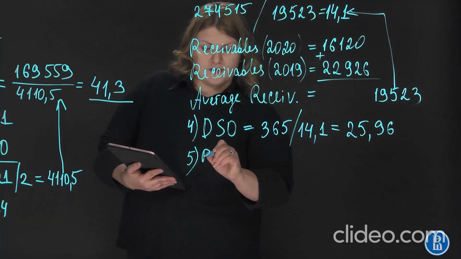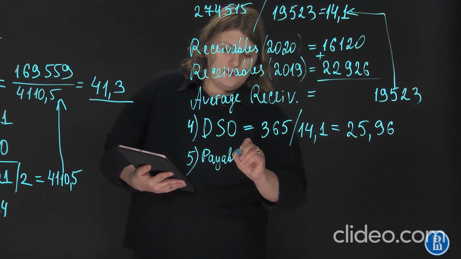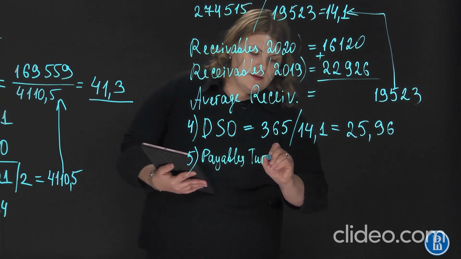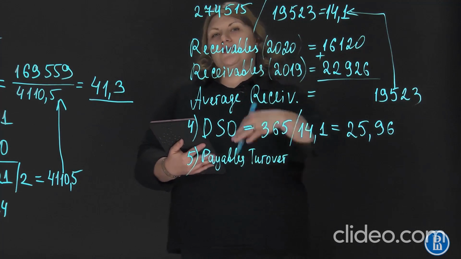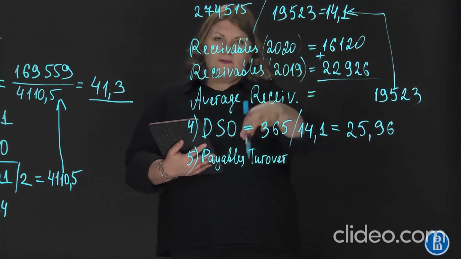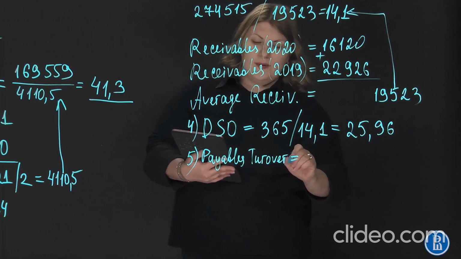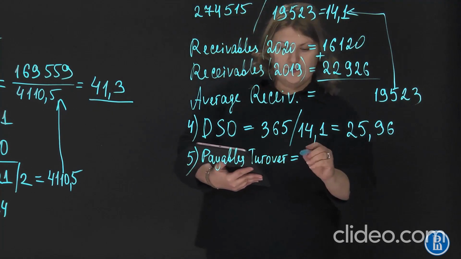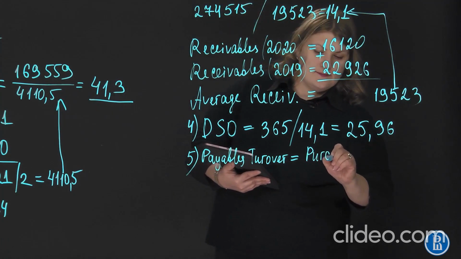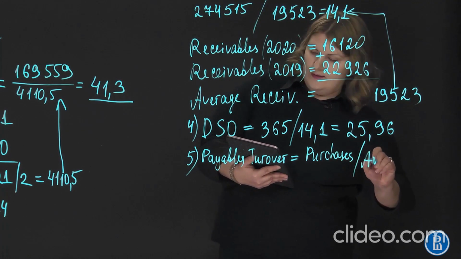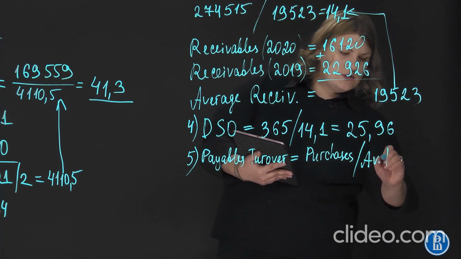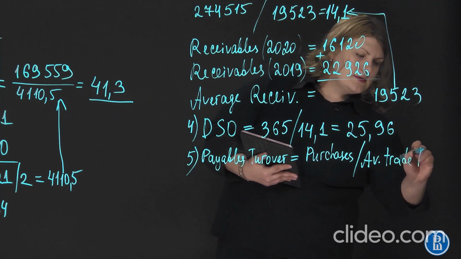In activity ratios, we need to consider also another portion of important ratios, which are represented by payables turnover. Payables turnover will be calculated just as receivables, but in reference to the payables. Payables turnover can be calculated as purchases over the average trade payables.